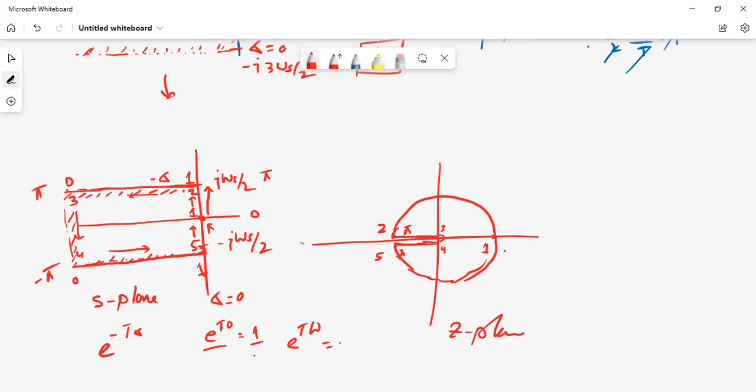So 1 corresponds to 1, 2 corresponds to 2. This is how you have to map the entire primary strip. The other strip will be identical, just another trace on the same path, nothing else.